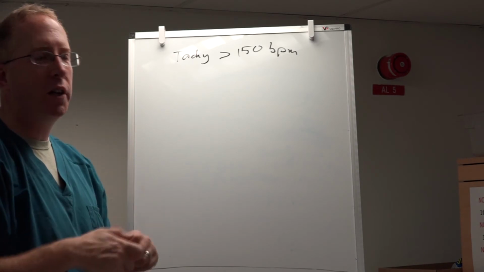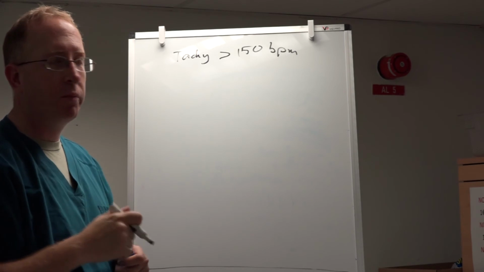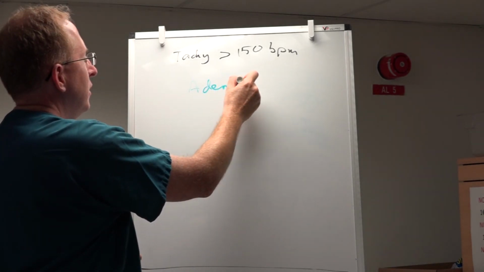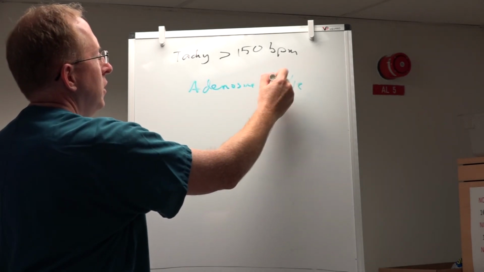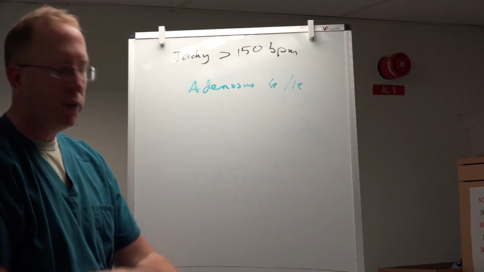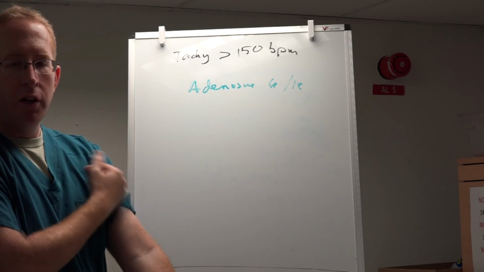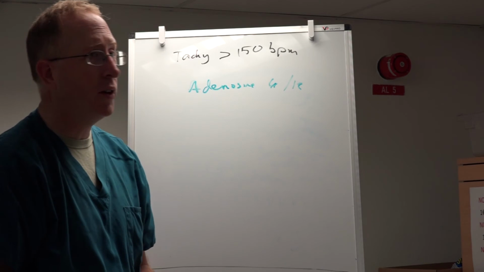So what's that other medication that you can give them for this tachycardia? Adenosine. What's the dose of adenosine? 6 milligrams, then 12 milligrams. 6, 12, and it's a rapid IV push. The trick with adenosine is you want to get as close to the heart as possible, so ideally the left AC, as opposed to, say, an IO. But if that's all they have, then that's all they have.